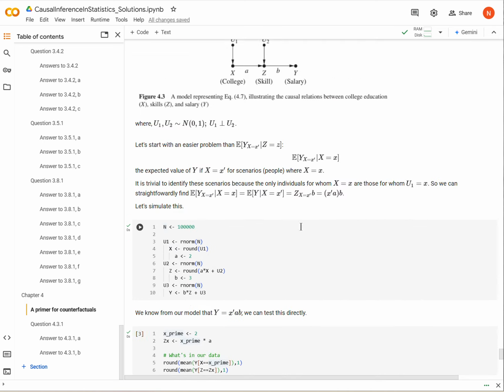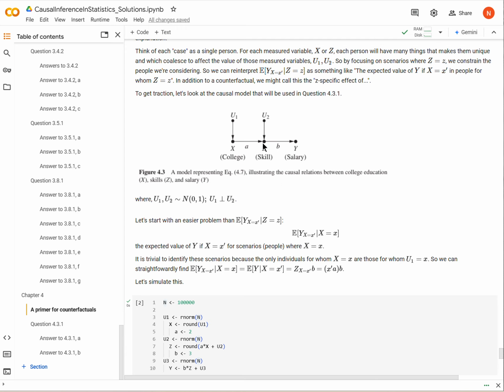If we go up to the DAG here, when we were looking for when x equals little x, all we had to do was find the individuals for whom u1 equaled little u1, because that's the only thing that was informing the value of x.